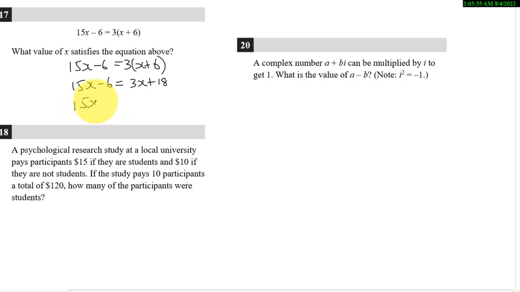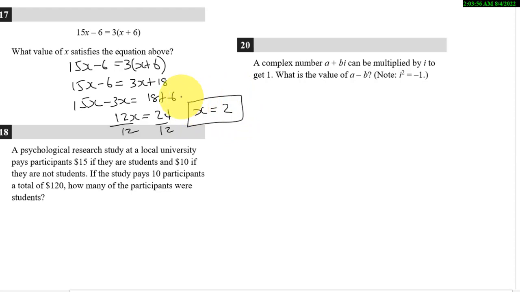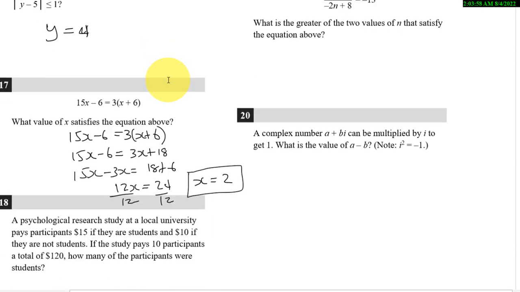So 15x minus 3x is equal to 18 plus 6. 15x minus 3x is 12x. 18 plus 6 is 24. Dividing on both sides by 12 leaves us with the value of x as 2. Okay, the value of x is 2.